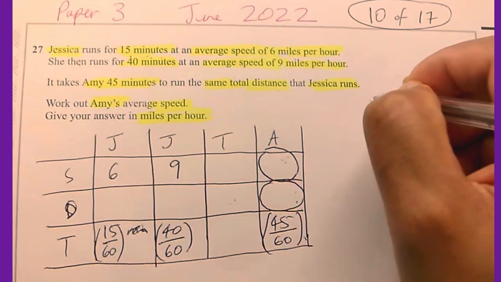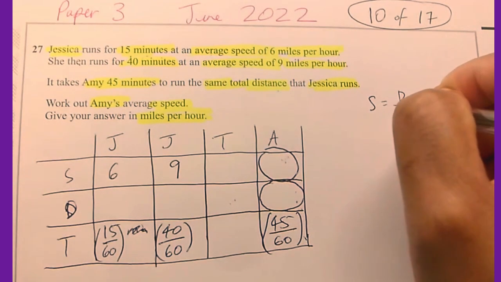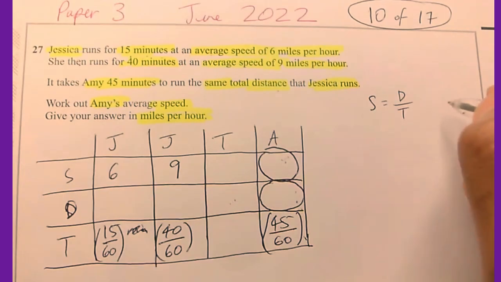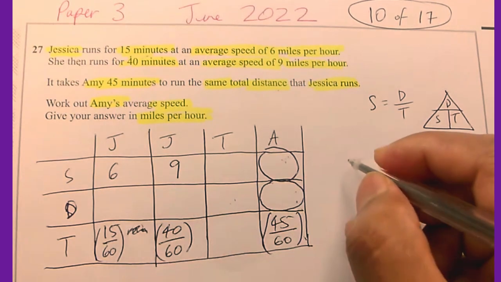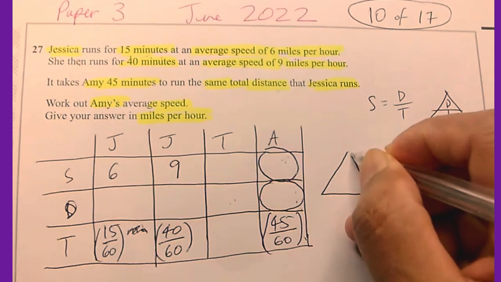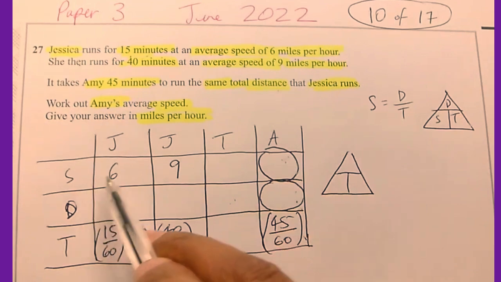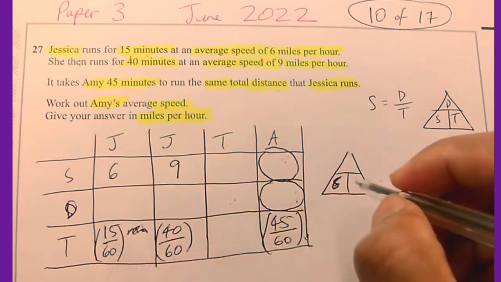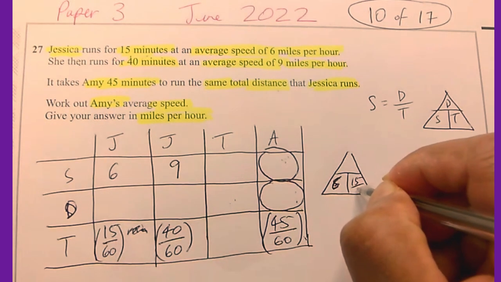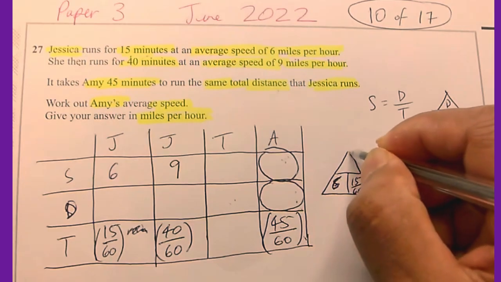So again, speed equals distance divided by time. Turn that into a triangle. Speed, distance, time. Okay, and so for this part here, my speed is 6. My time in terms of an hour is 15 out of 60. That's my distance.